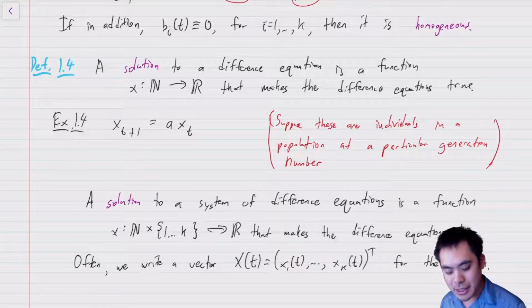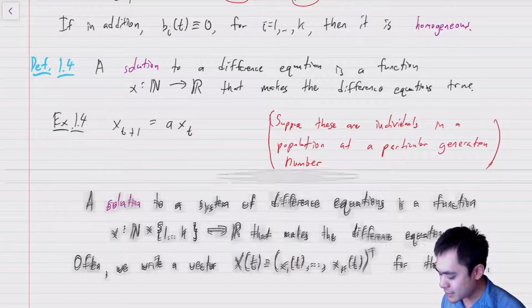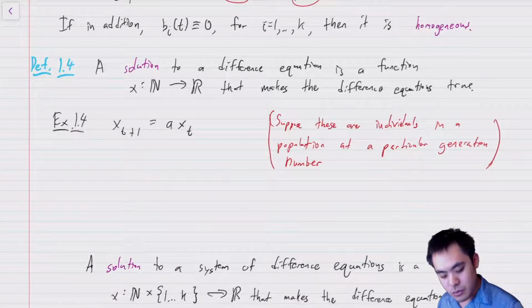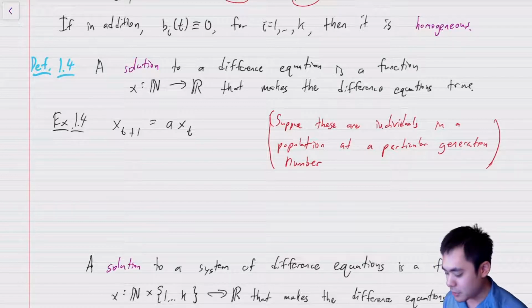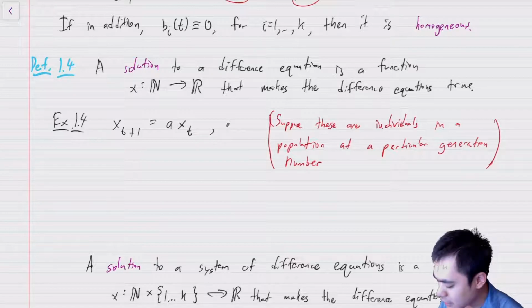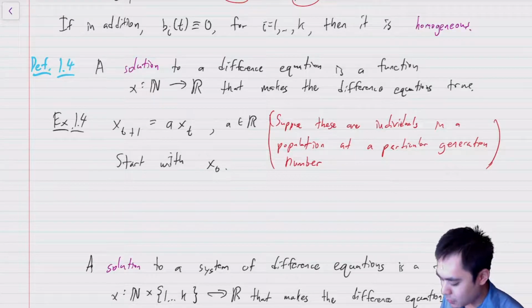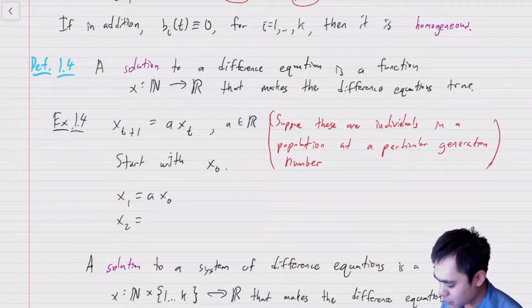So suppose we have this particular difference equation. Now, what is a solution to this? Well, there are a couple different possibilities, and let's take a look. If x sub t plus 1 is equal to a times x sub t, where let's say a is a constant, well, then we start with x naught, and we have x sub 1 is equal to a x naught, x sub 2 is equal to a squared x naught, and so on.